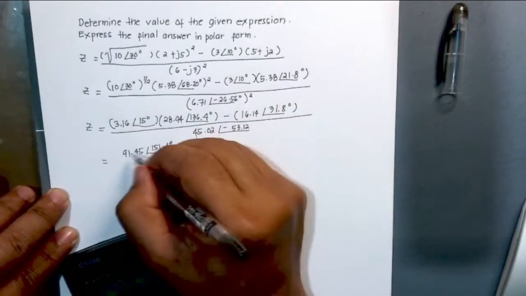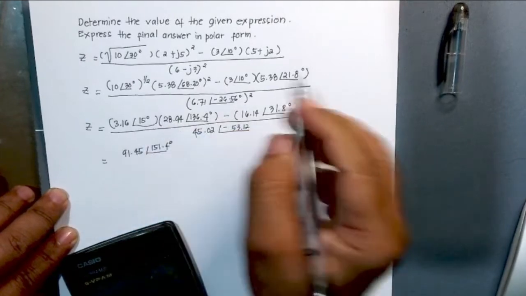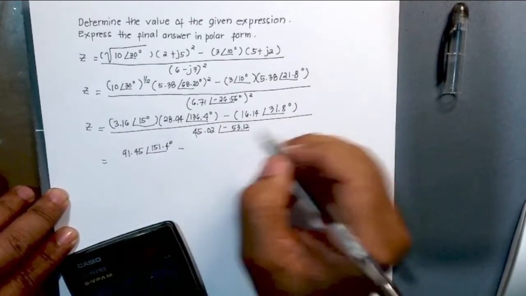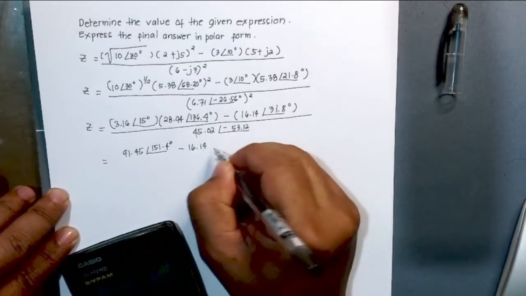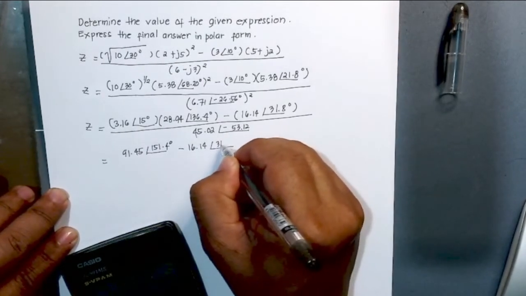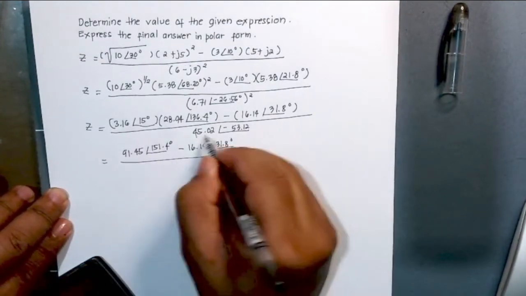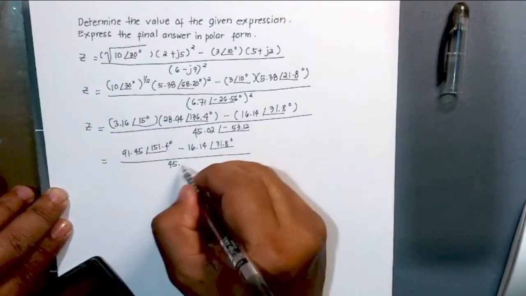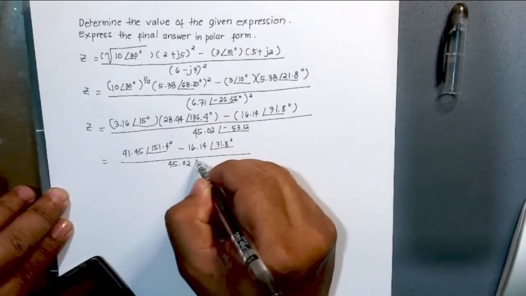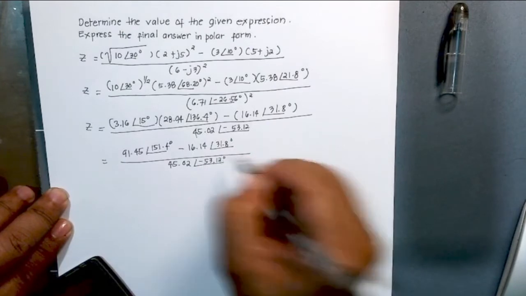Okay, so this is the value of this one. So subtracted to it, I'll just copy 16.14 cis of 31.8 degrees all over this one, 45.02 cis of negative 53.12 degrees.